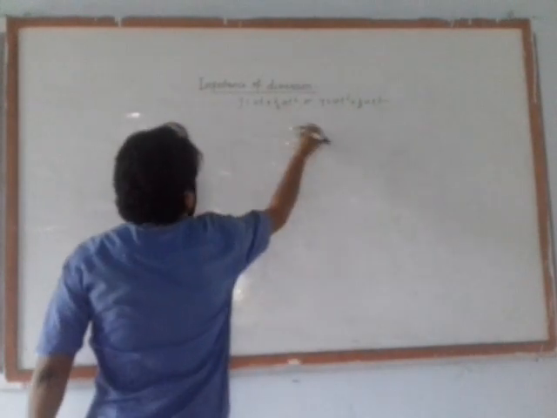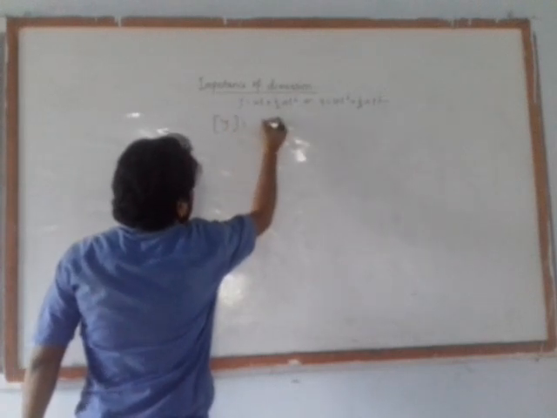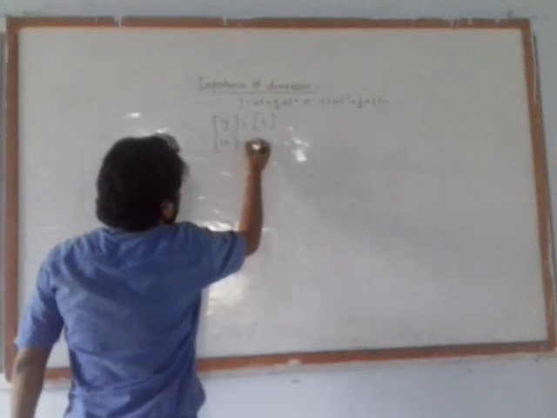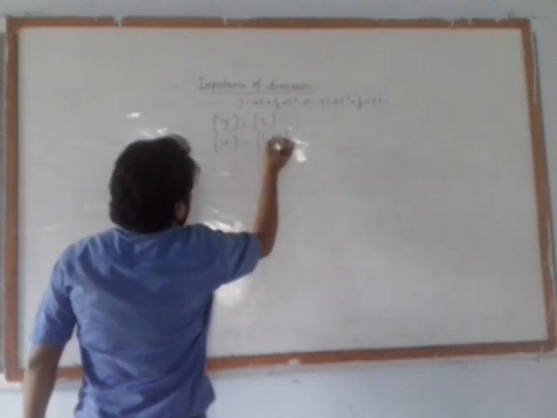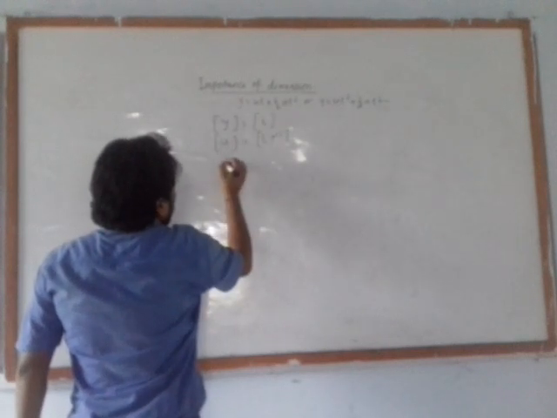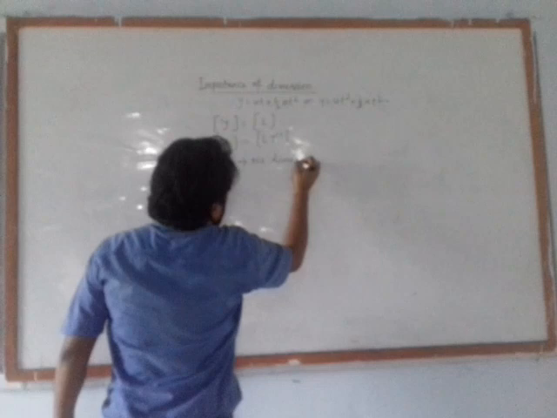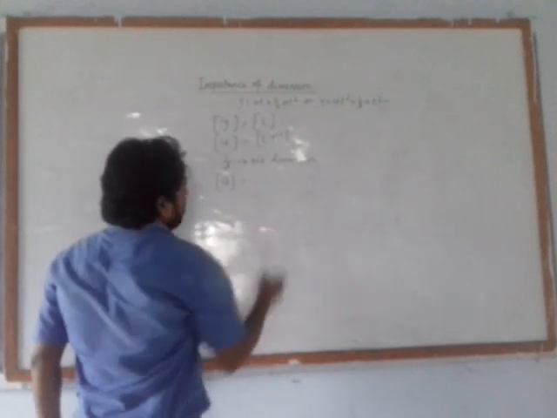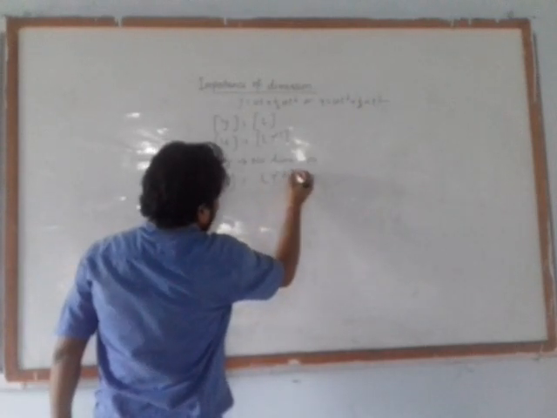I will write the dimension of each variable first. y is distance, so its dimension is L. u has dimension L t to the power minus 1. Half has no dimension because it is a number. a is acceleration, and we know its dimension is L t to the power minus 2.